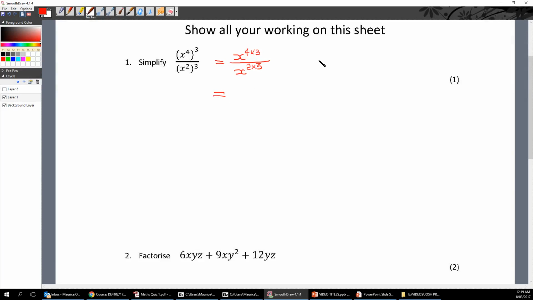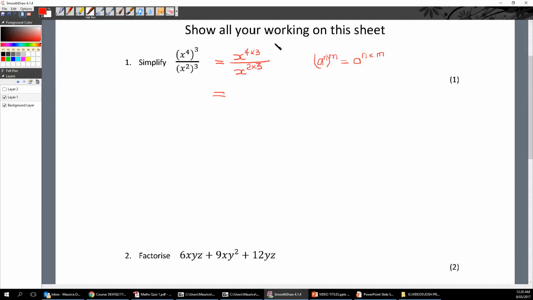Now they might be in the form of something like a to the n, brackets to the power of m. I haven't got the formula sheet with me, so I'm just going off the top of my head here, equals a to the power of n times m.